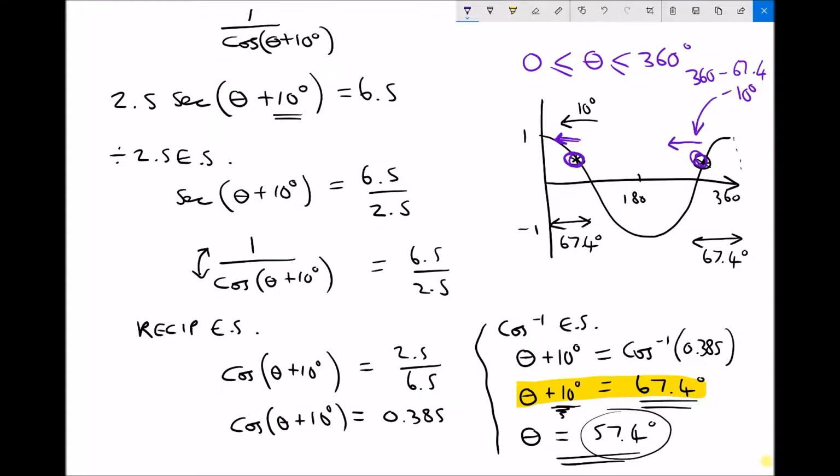So our second value of theta equals 360 minus this deviation here before we applied the phase shift, 67.4, minus the 10 degrees to allow for the fact that the graph is being shifted from right to left. Remember, we're using the graph here to establish our second value, and that gives us the following. 360 minus 67.4 minus 10 equals 282.6 degrees.